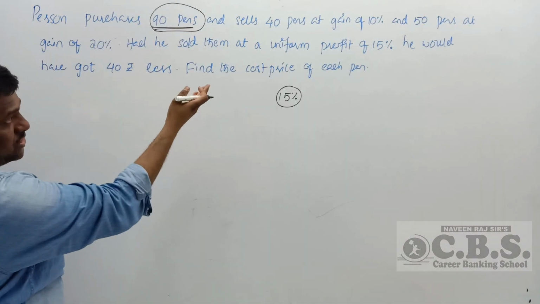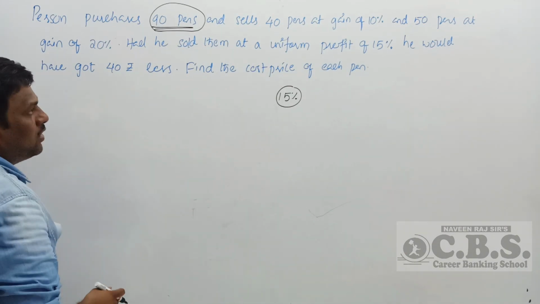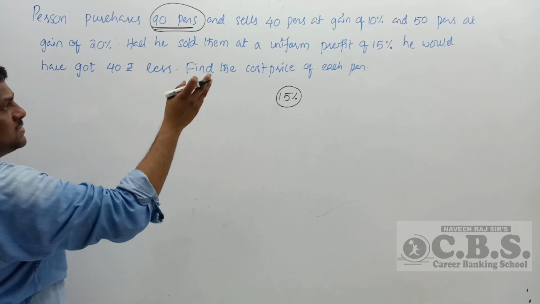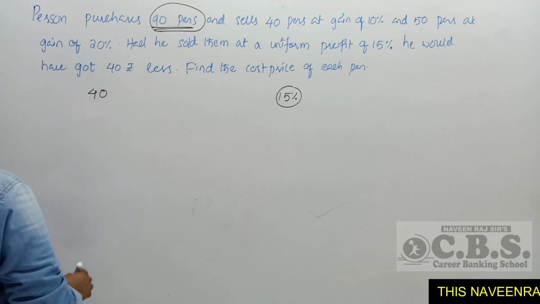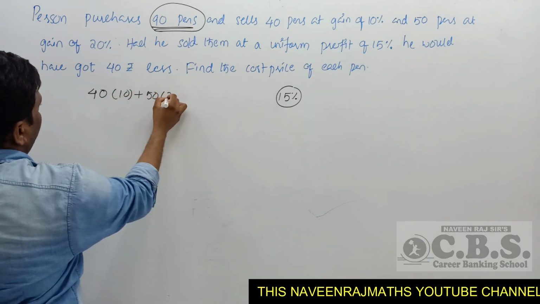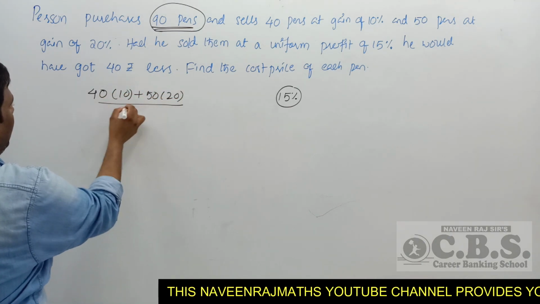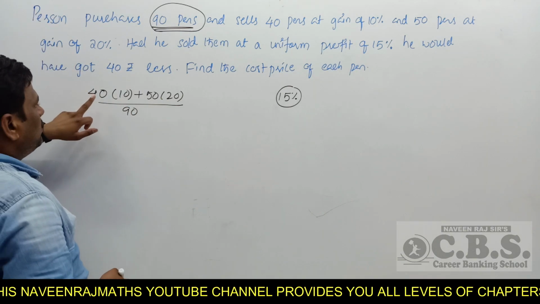Before this transaction, he sold different types of pens, some at 10%, some at 20%. Let me go for it: 40 pens at a profit of 10 and 50 pens at a profit of 20. Overall divided by 90. Nothing but what?